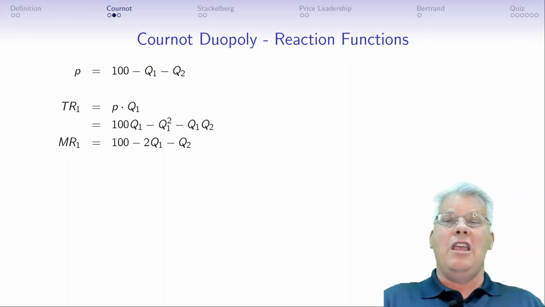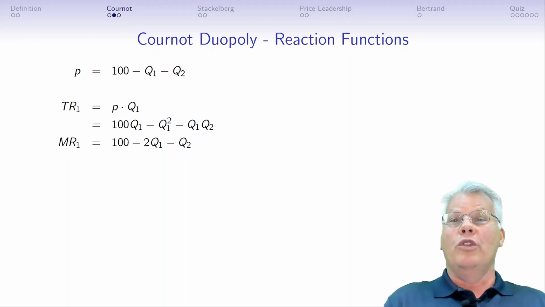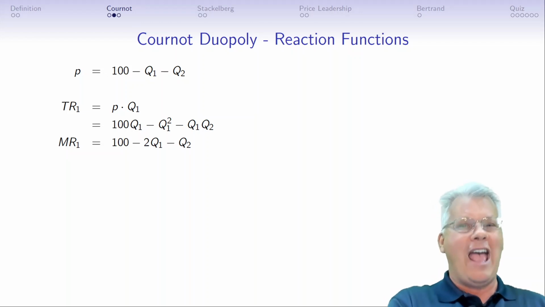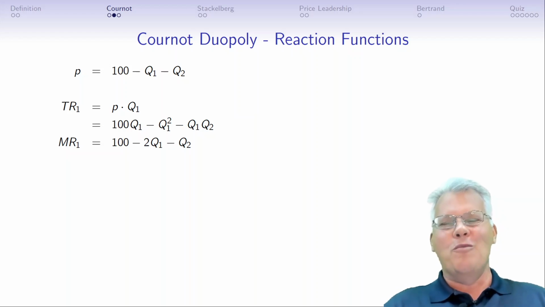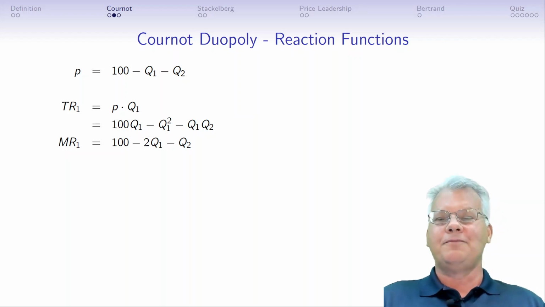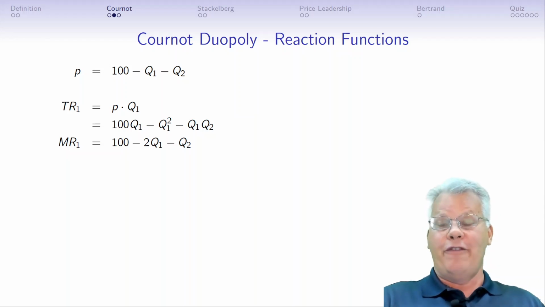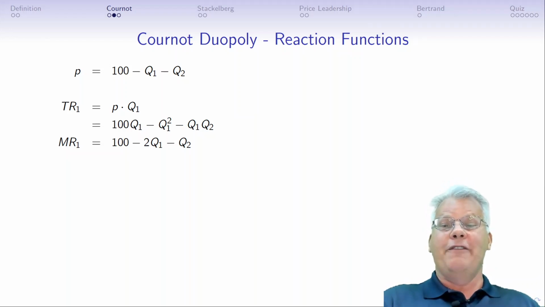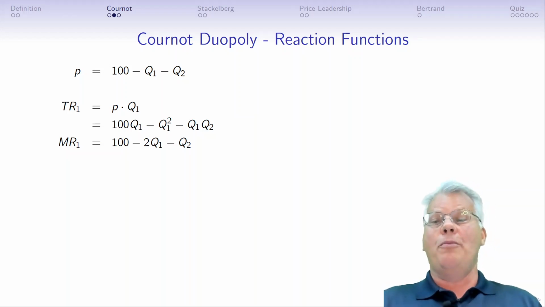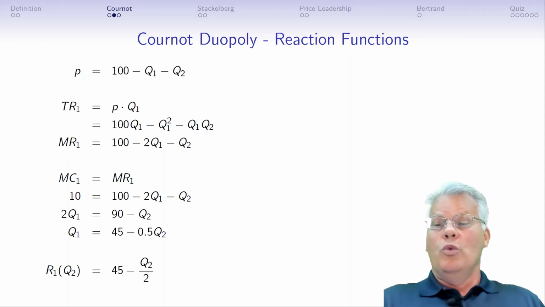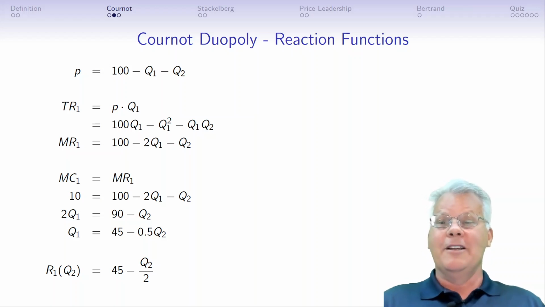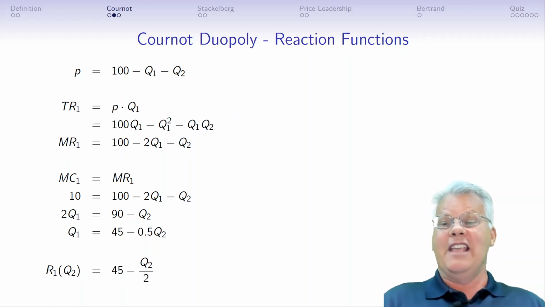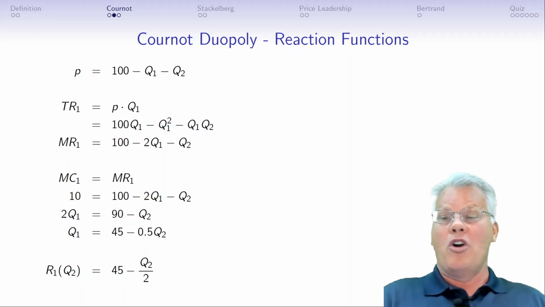We differentiate firm 1's total revenue with respect to firm 1's output to get firm 1's marginal revenue. So you'll notice that firm 1's marginal revenue is a function, again, of its own output and the output of its competitor. We'll set firm 1's marginal revenue equal to firm 1's marginal cost. And in this particular numeric example, I'm going to assume that the marginal cost is equal to 10.